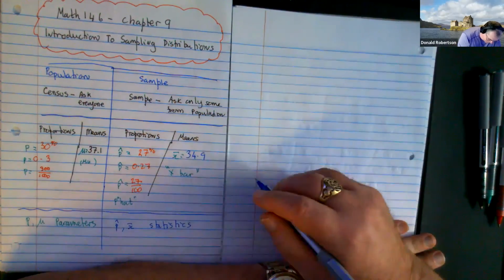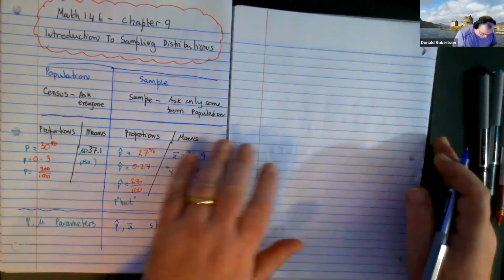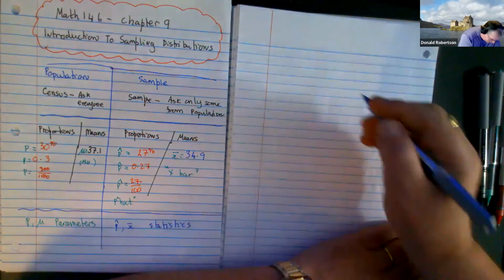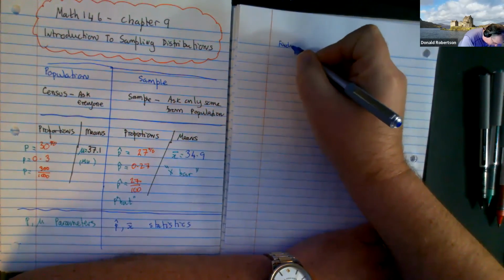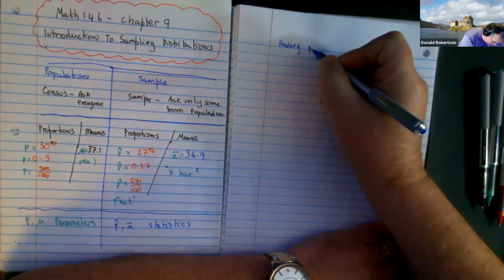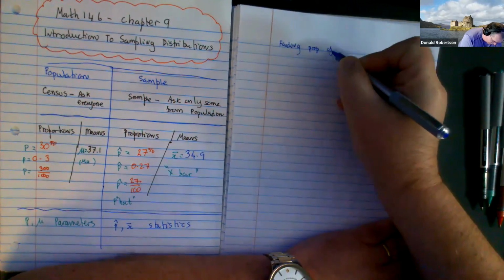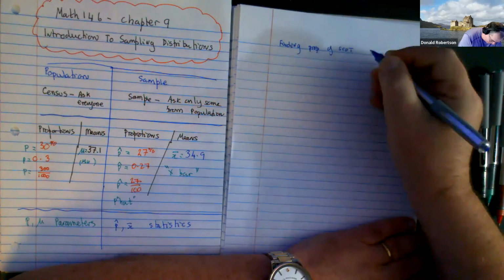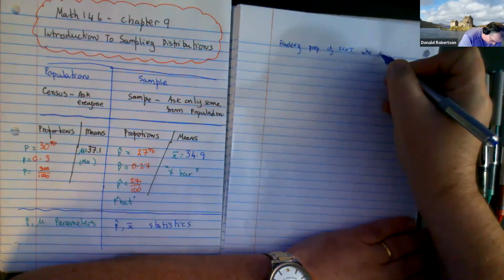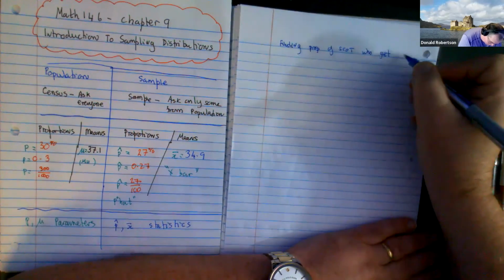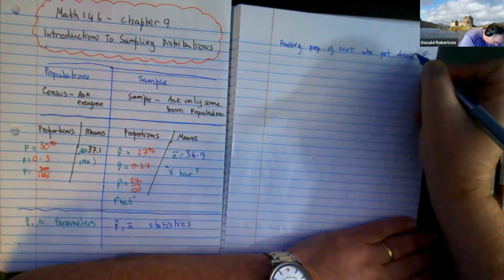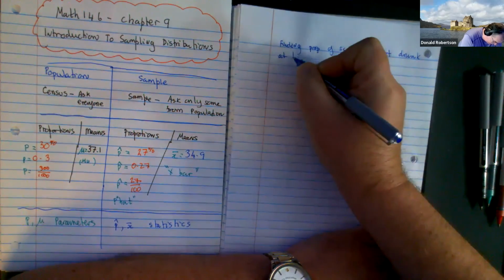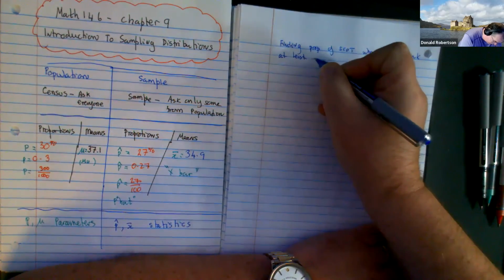So I'm going to do a little pretend story. I am interested in finding the proportion of Scots people, we'll say adults, who get drunk at least once per week.